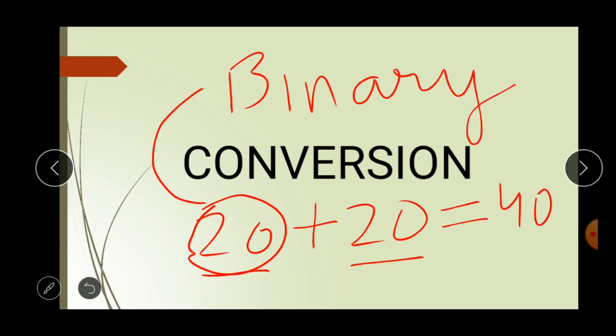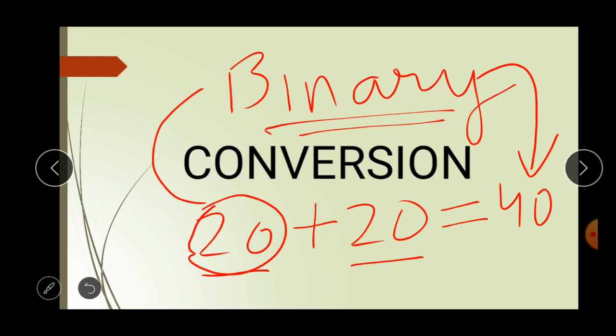After conversion into binary, they are added together or calculated together using the binary calculation rules, and whatever result is obtained is also in binary, because when you calculate on binary values you get the result in binary. After that the central processing unit converts that binary result again into the decimal format so that we can understand it.